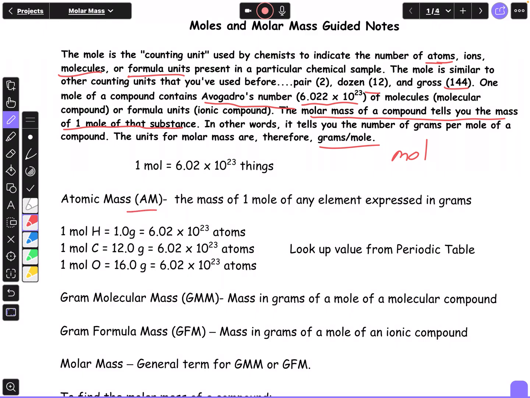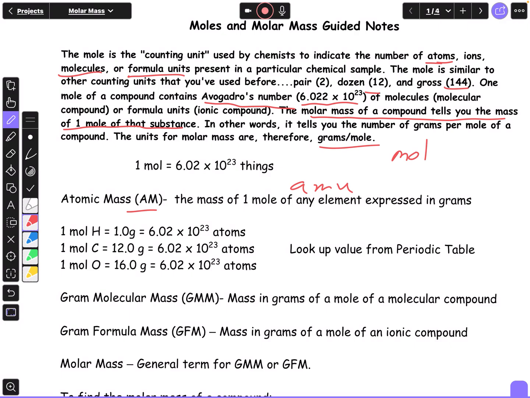The actual units are AMU, atomic mass units, because these elements are very, very small. We just use grams to simplify things, because we can't see something so small as atoms, so we deal with it in grams to make it easier.